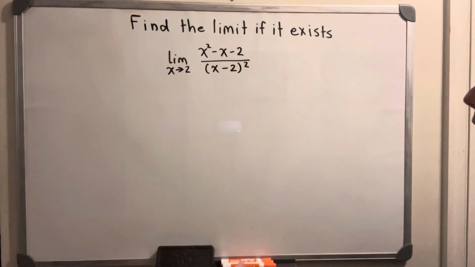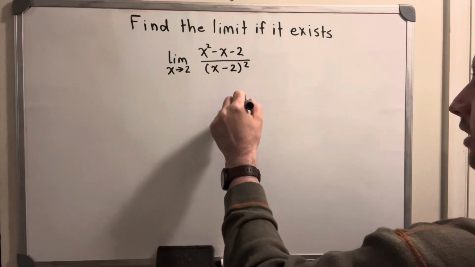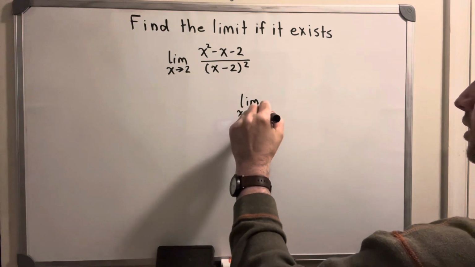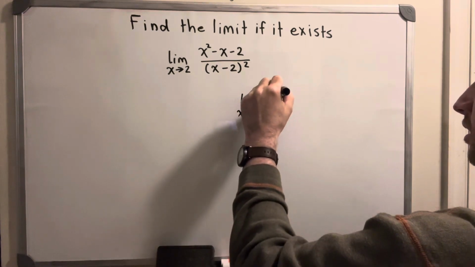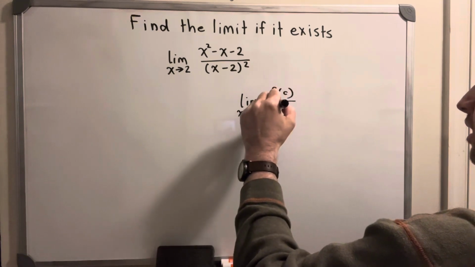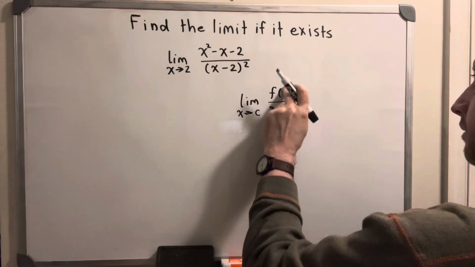Would you try to use a limit theorem right here, such as the quotient? You know that the limit as x approaches some value c, say the top function is f of x, and the bottom function is g of x.